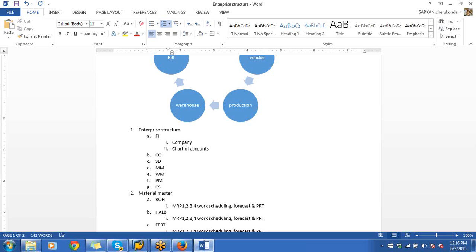If you are giving money to your worker, a different account. If you are giving money as a bonus, a different account. Similarly, if you are taking money from a customer, it should be in a different account. Otherwise, you get puzzled. You don't know what you're doing.